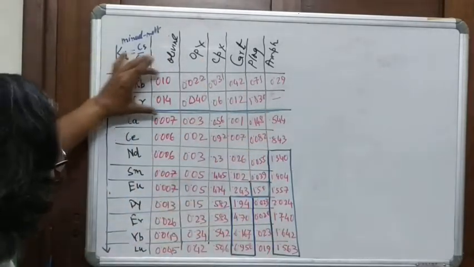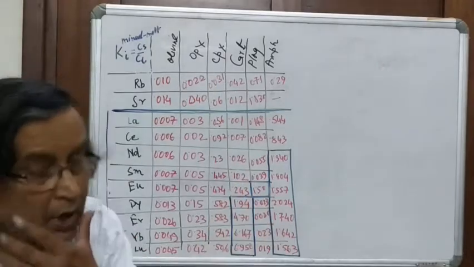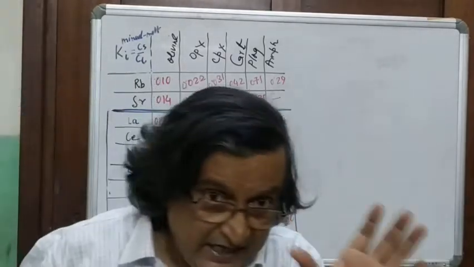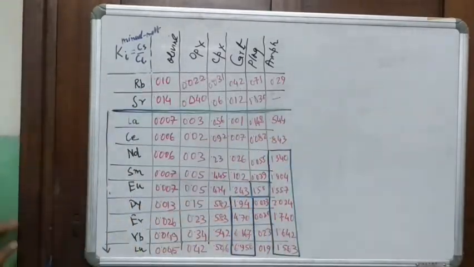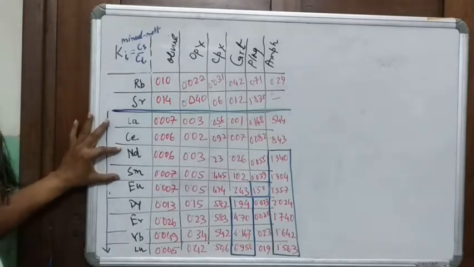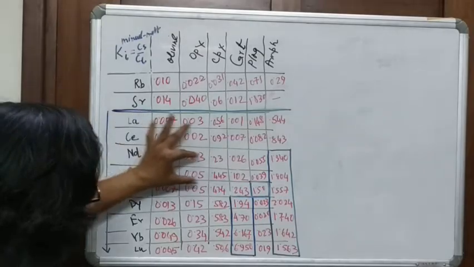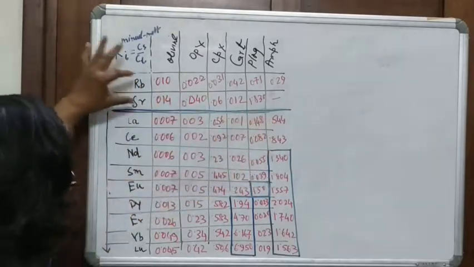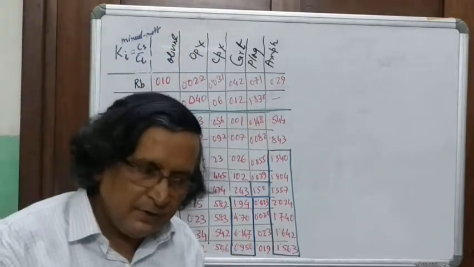This is a different set of elements, which I have given because it will come in handy later on. You should remember neodymium and samarium. This will also become very important later on, so I have listed it within this table.